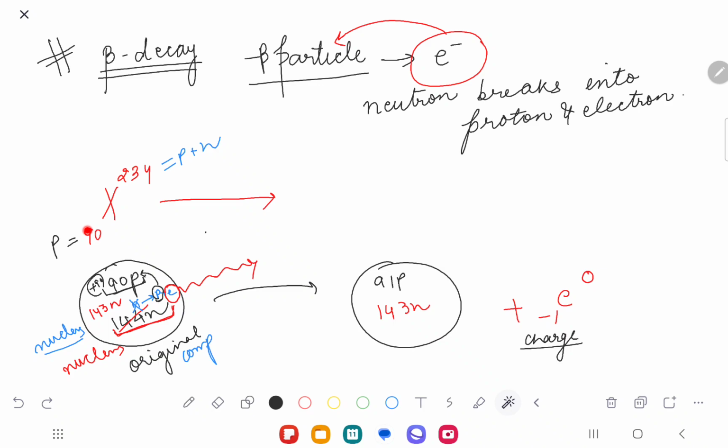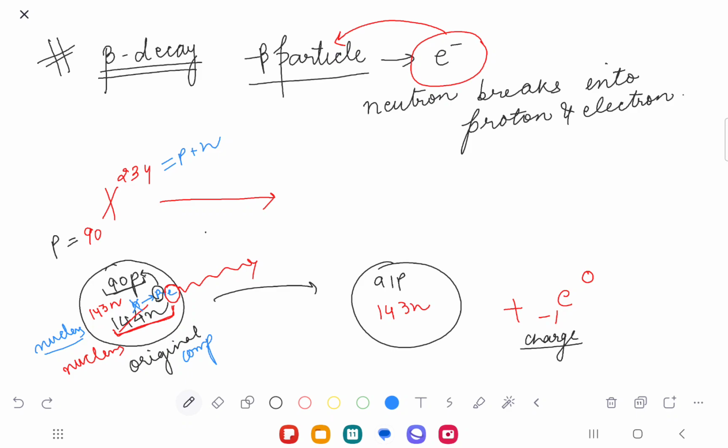So here, if we consider this proton number to be 90, this is also the charge of the nucleus of the X element. Do you understand my point? So this is how this exactly works. Understood? Any doubts in this?